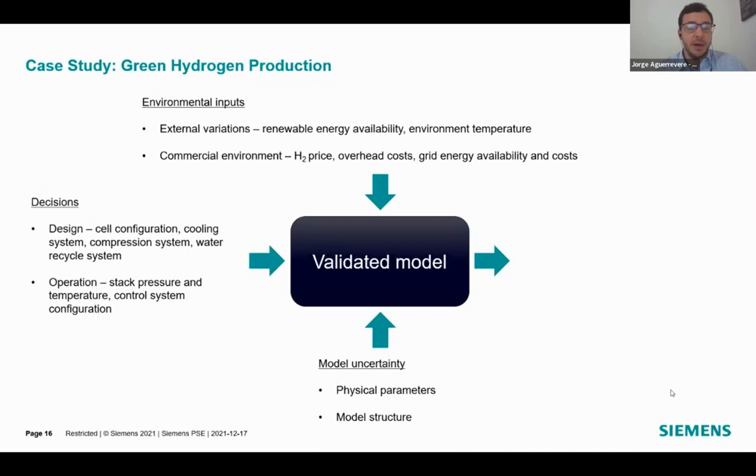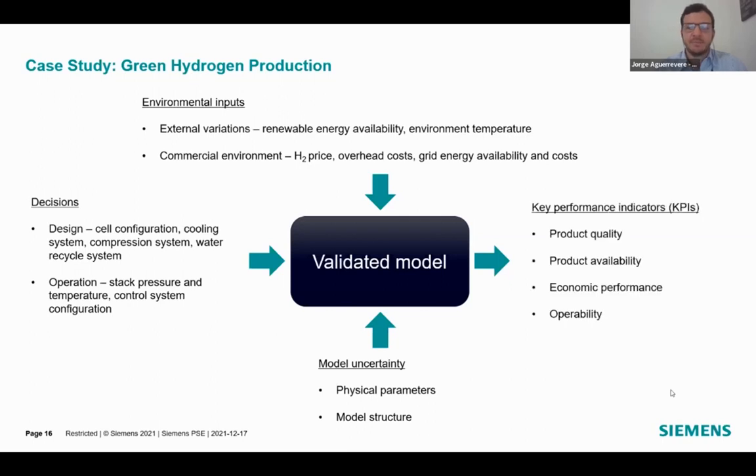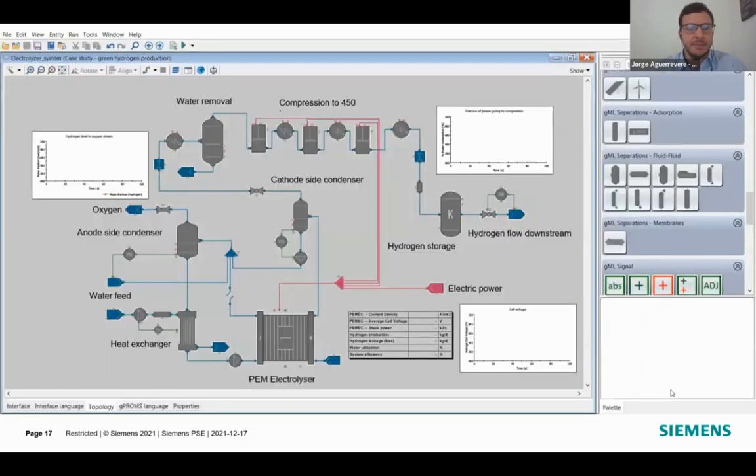We may find that if one parameter is really impacting quite significantly the outputs, we need to go back and make sure that we have the confidence needed in that parameter. And finally, once we put all those inputs into a validated model, we can start to look at the key performance indicators of the process and start to really optimize and make decisions.